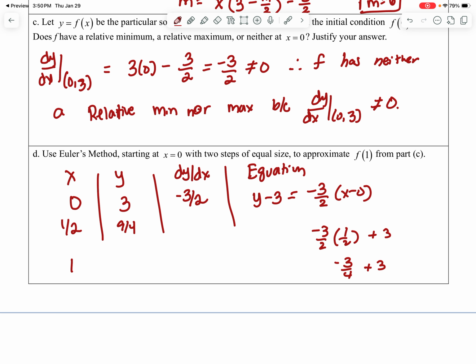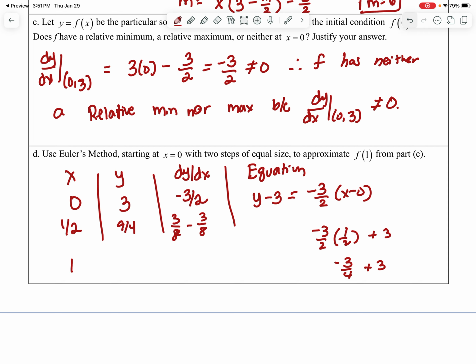Then if I were to plug that into my derivative, I'm going to get 3/2 minus 3/8, which then becomes, let's see, that's an 8. No, wait.